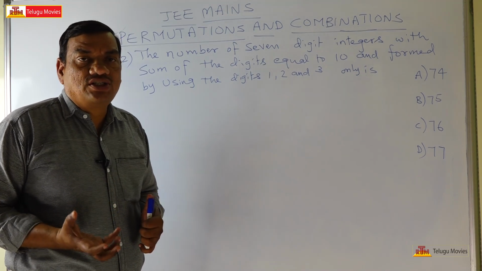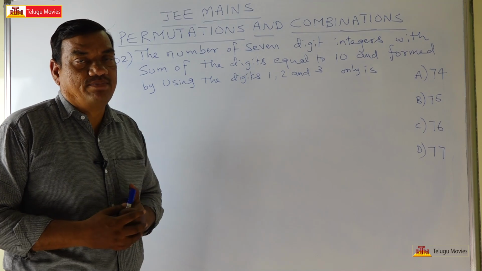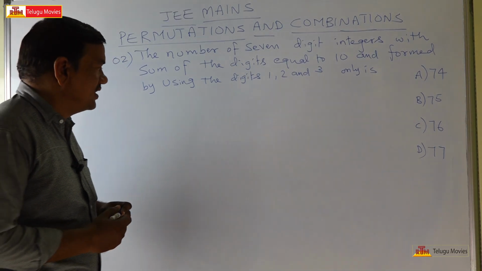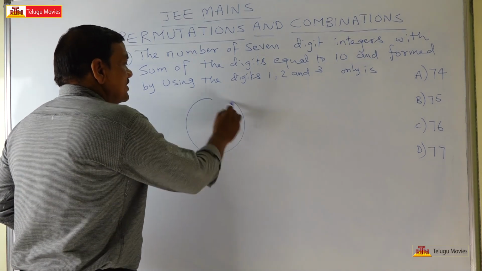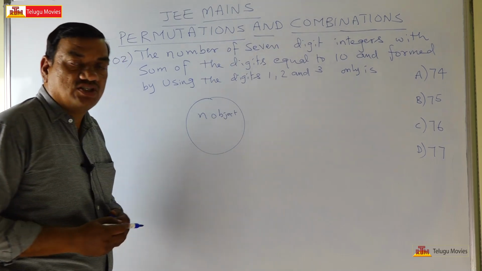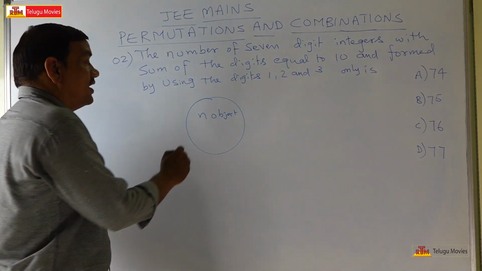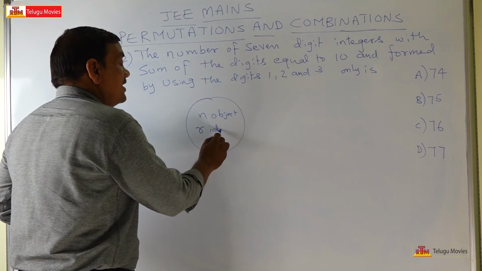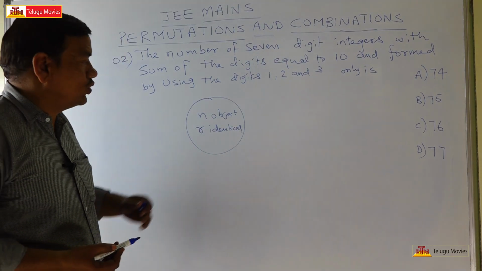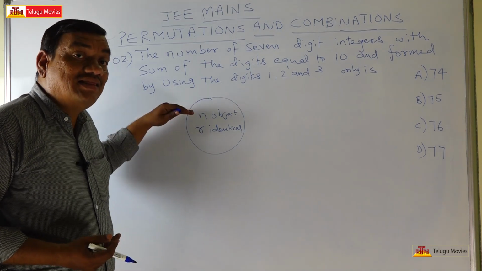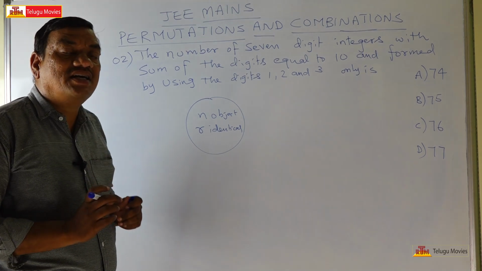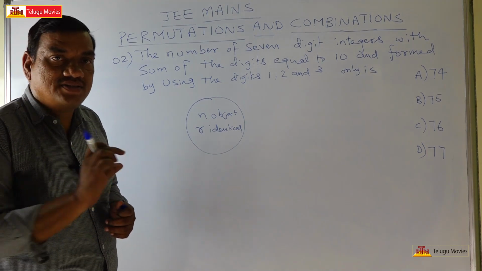in permutations, we have a basic concept. There are n objects in which r objects are identical. Identical means same.